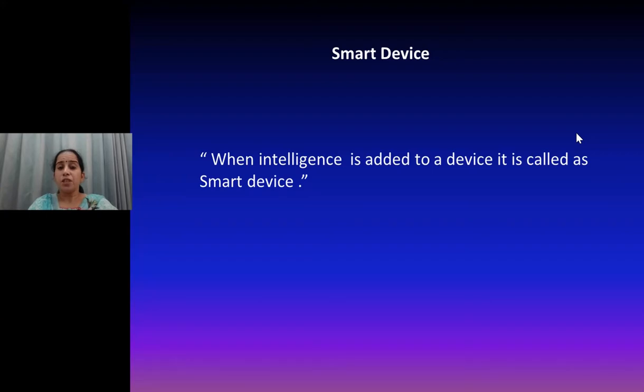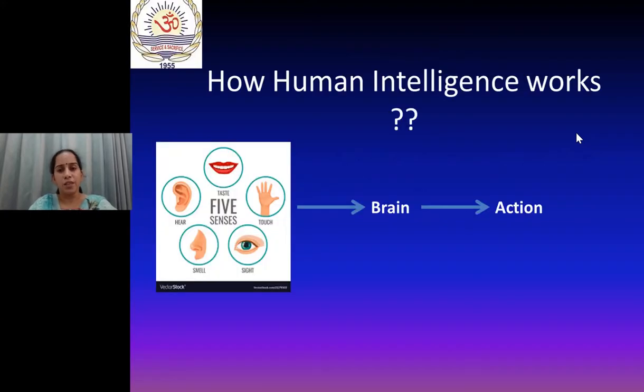If we think of how human intelligence works, every human has 5 senses, and these 5 senses give us information about the environment. That information is read by the brain, and the brain processes that information, and accordingly instructs other parts of the body to take the subsequent actions.